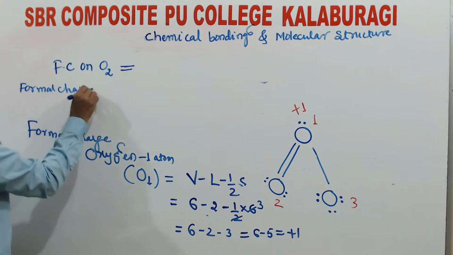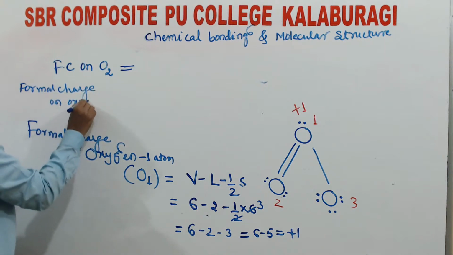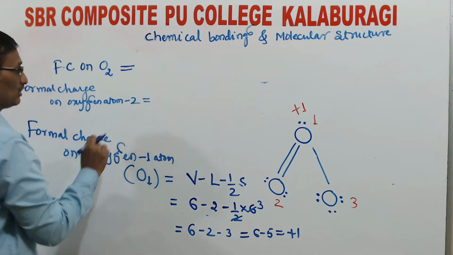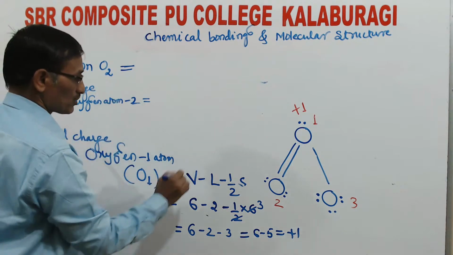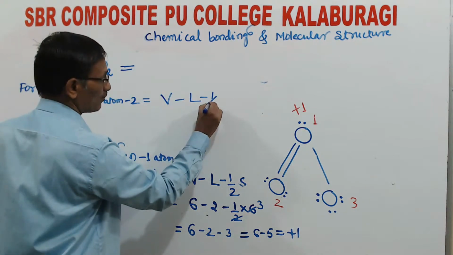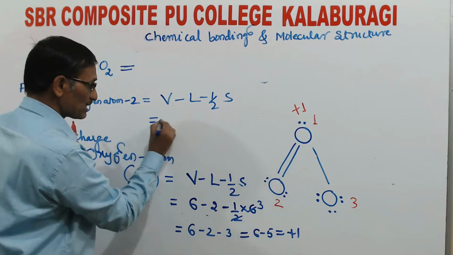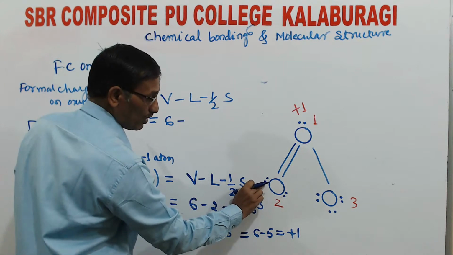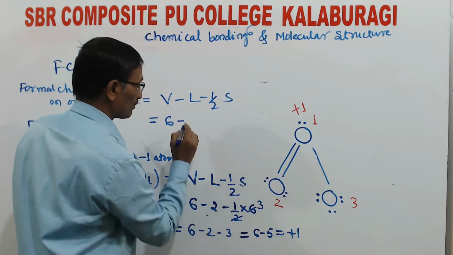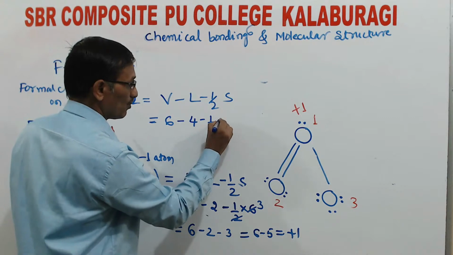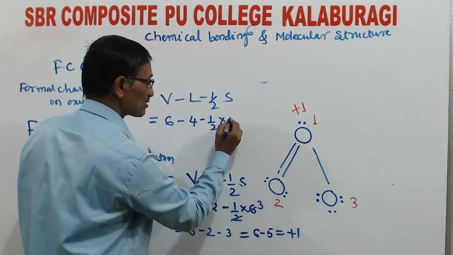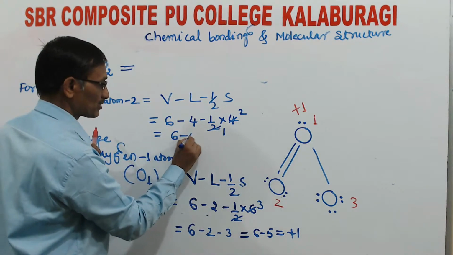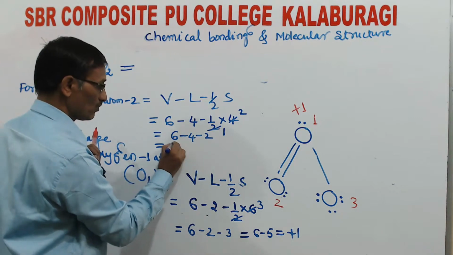Formal charge on oxygen atom 2. V again is 6, minus lone pair electrons 1, 2, 3, 4, minus 1 by 2 of the shared bonded electrons, 4. 1 by 2 of 4 is 2. So 6 minus 4 minus 2 equals 0.